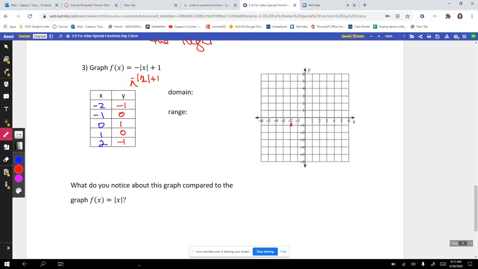So then let's graph, see what it looks like. And I have -1, 0. And I have 0, 1, 1, 0. And I have 2, -1. So it's definitely still symmetrical. This one looks a little different, which we'll talk about in just a minute. Let me just get my line there.